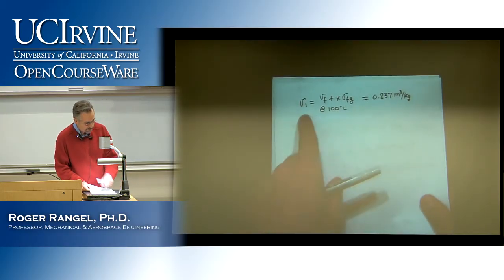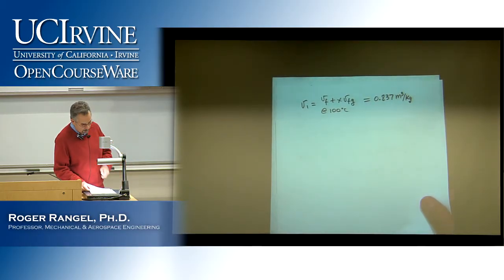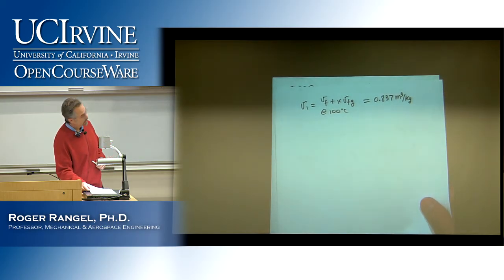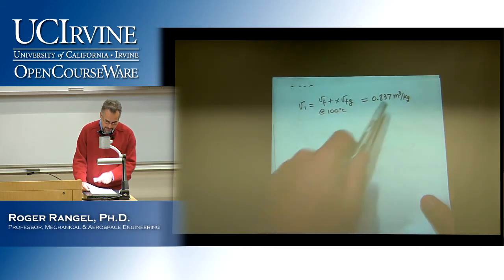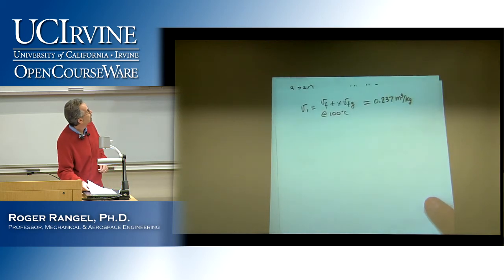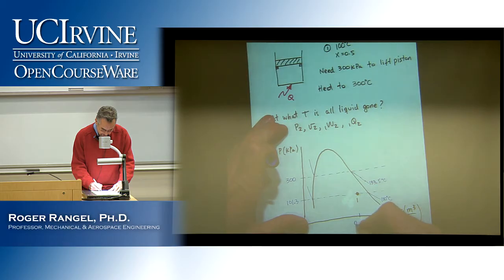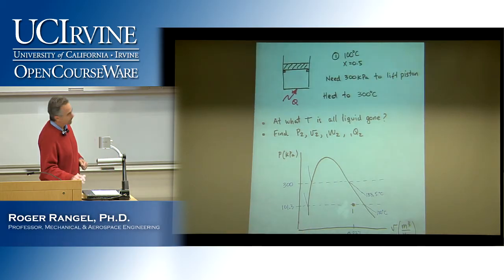So that initial specific volume at 100 Celsius is Vf plus X Vfg. I have everything, so I can determine that: 0.837. And I can put it in this chart. All right.